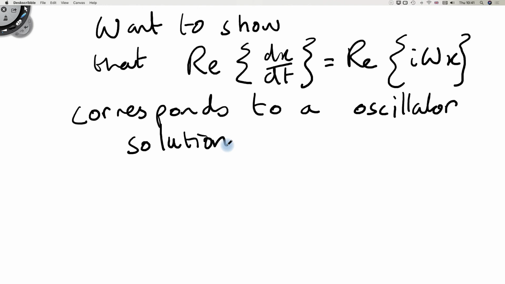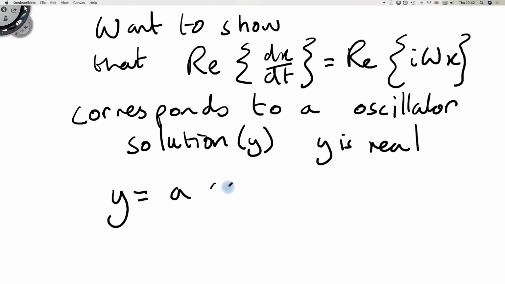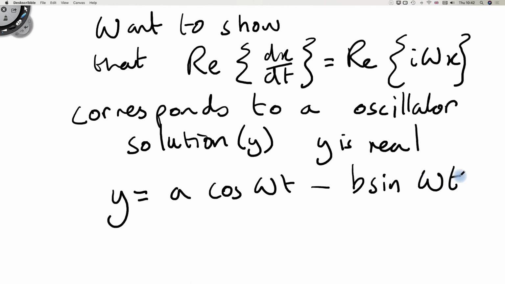Because x is strictly speaking complex, I'm going to call the real part y, which is real. This is the link I'm trying to make: you often use e to the i omega t, but actually there's a real solution corresponding to this, and that is that y is a cos omega t minus b sine omega t. So this complex solution, when you take the real part, corresponds to a real solution with cosines and so on.